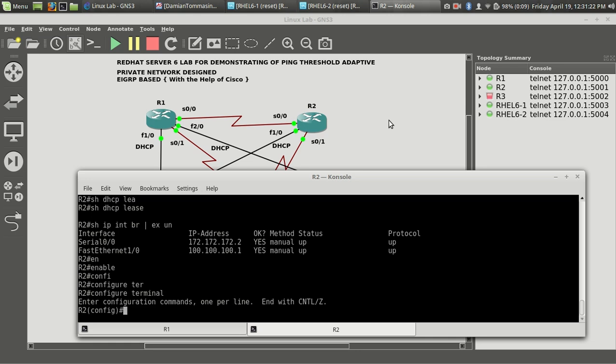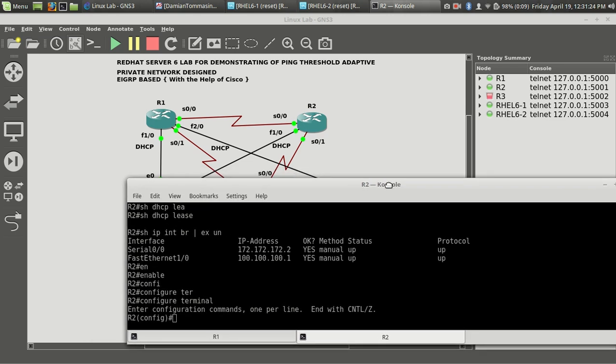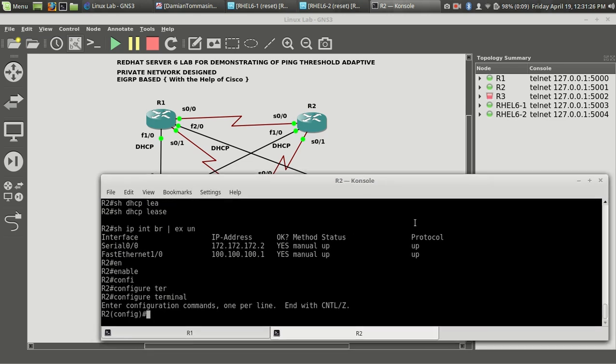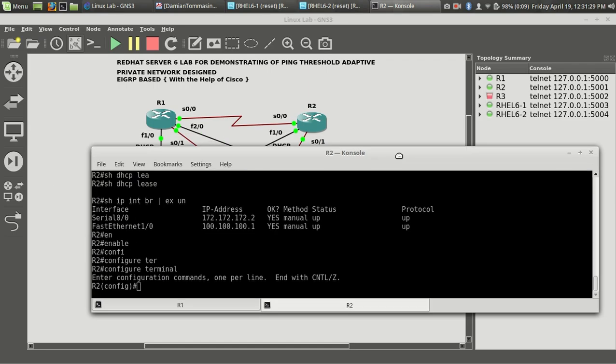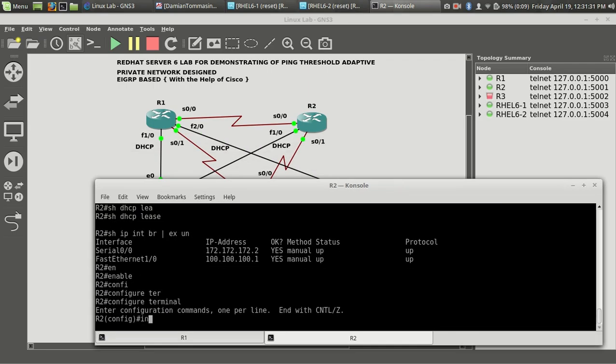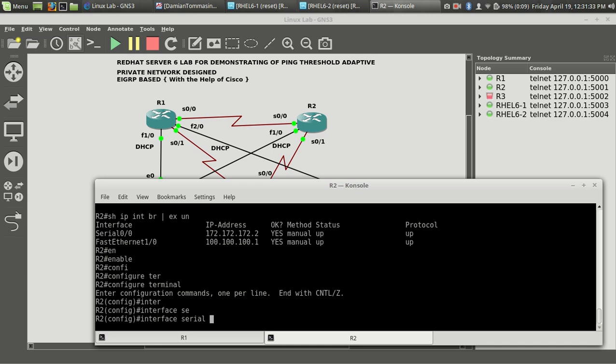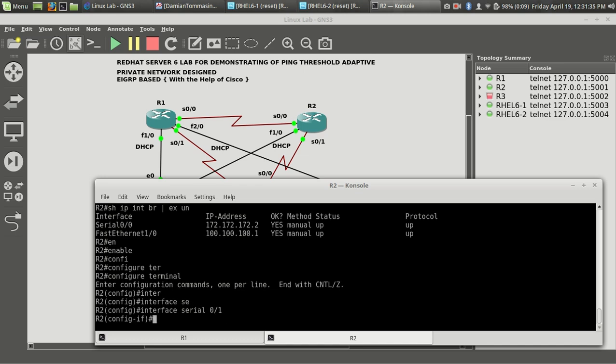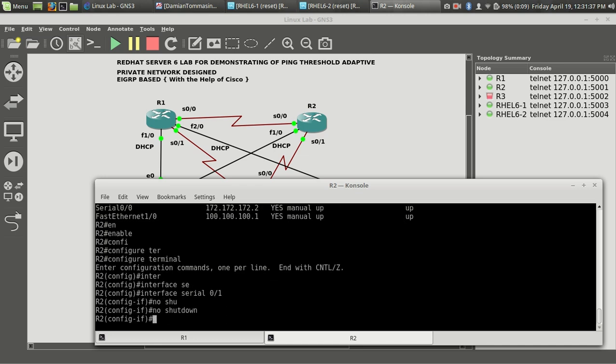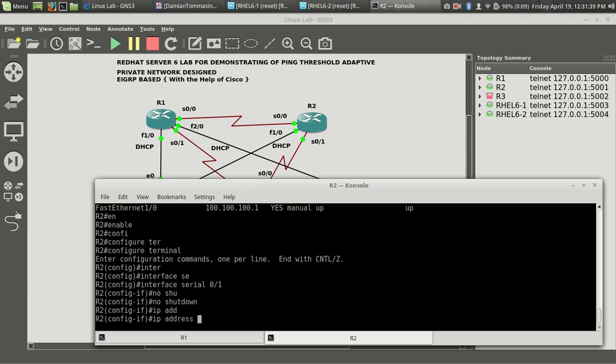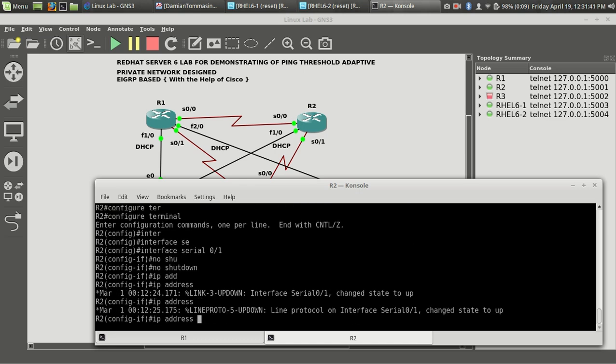I'm going to configure the third port. The third port is my serial 0/1, I think. Yes, serial 0/1. Make this port up. Separately, I'm using a different IP address.